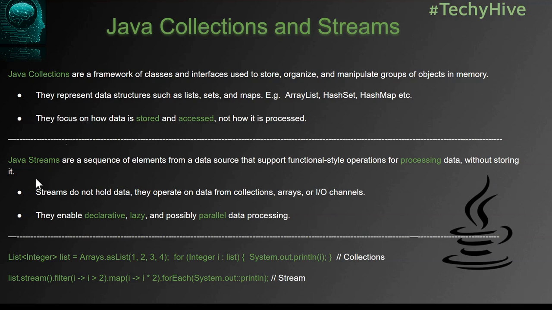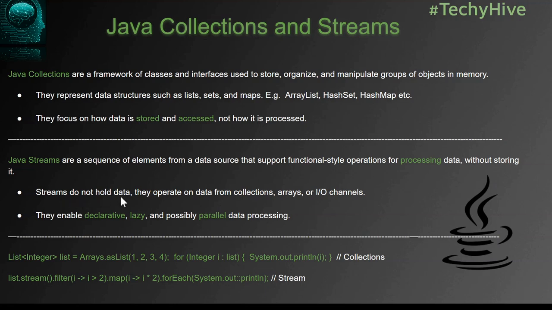On the other hand, Java streams are a sequence of elements from a data source that supports functional style operations for processing data without storing it. And they don't store the data; they just process it.